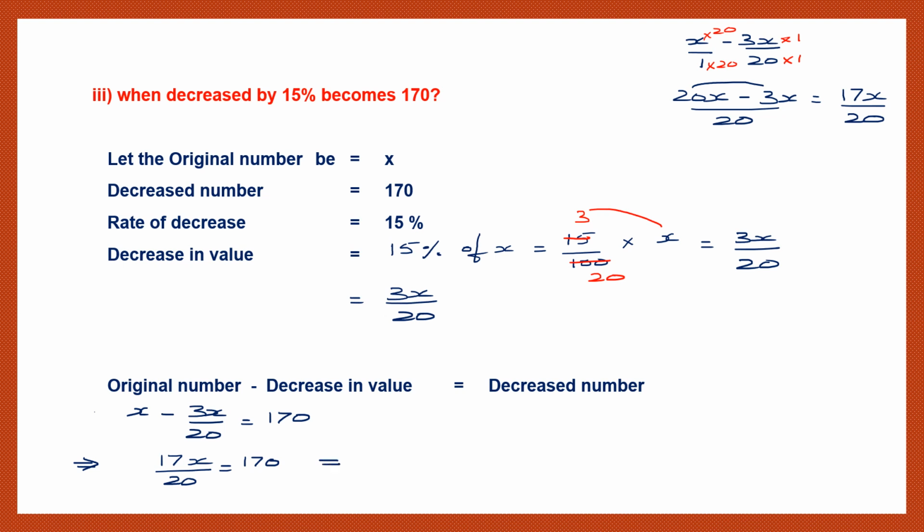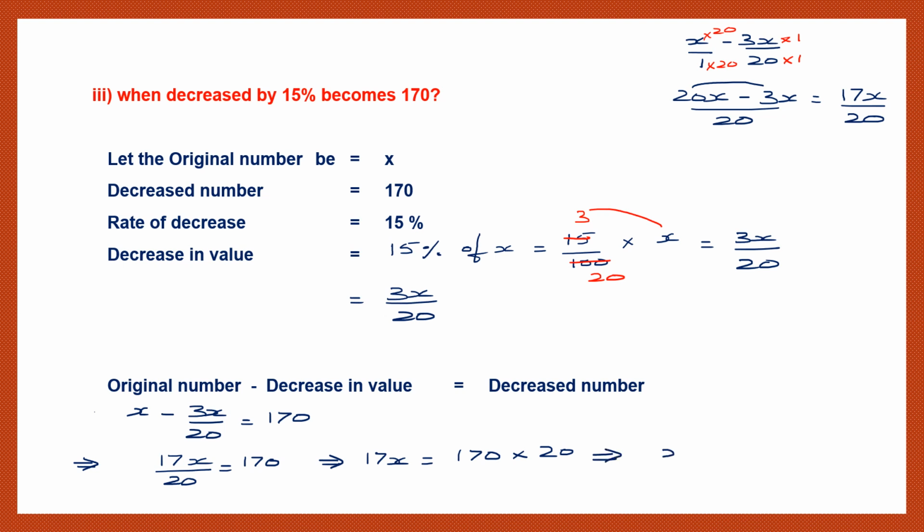Let's continue the equation. We'll leave only 17x on the left hand side. On the right hand side we have 170. We are going to move this 20, which is on the left, to the right. Here it is division; when I move it to the right, it becomes multiplication, so into 20. Now 17x is so much. How much will x be?